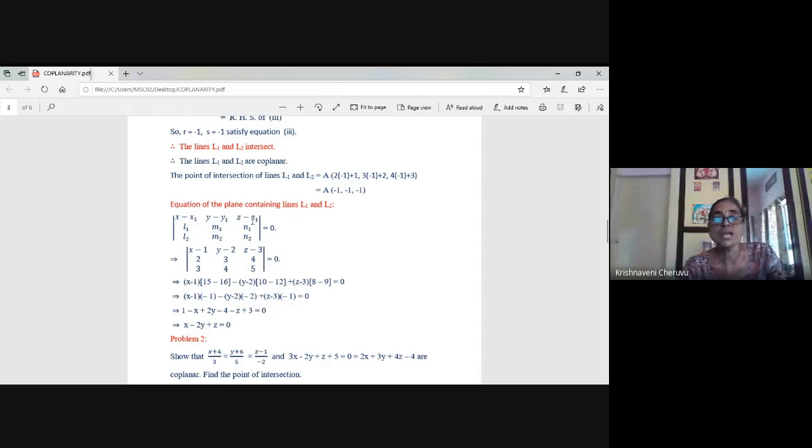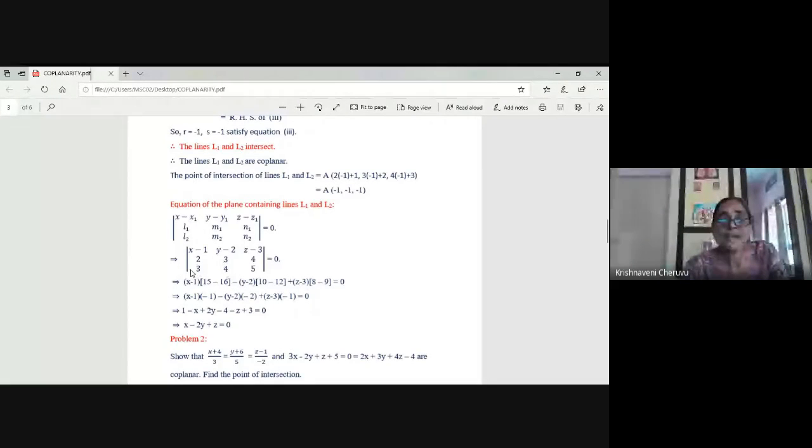What is x1, y1, z1? It is a point on the line L1. Then put the DCs of the line L1 in the second row, L1, M1, N1. Then put the DCs of the line L2 in the last row, namely L2, M2, N2. Now I substituted the values in the formula and equated to 0, because this is the equation of the plane containing the lines L1 and L2.